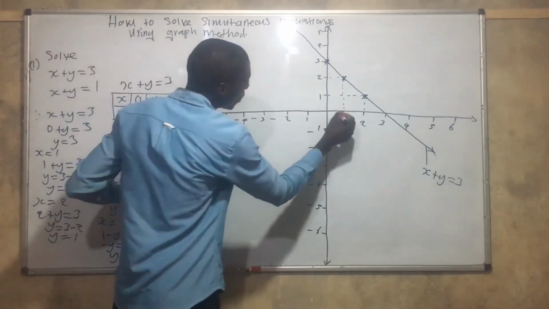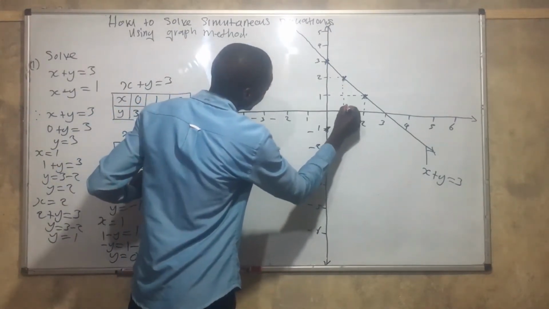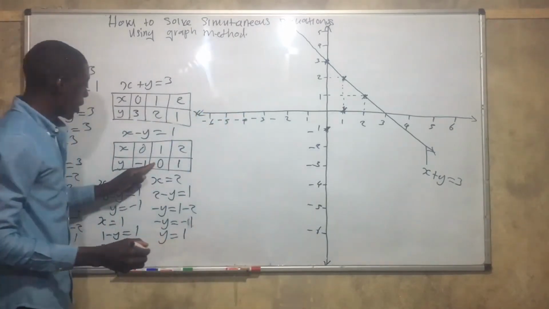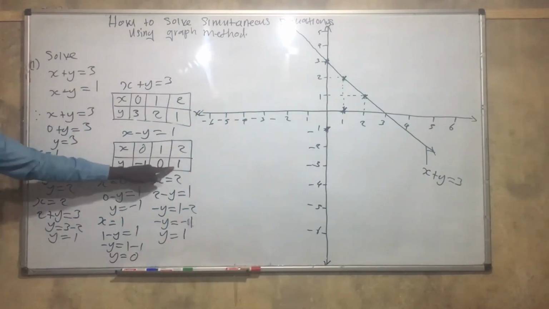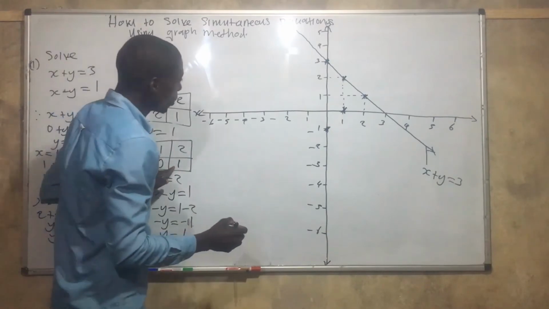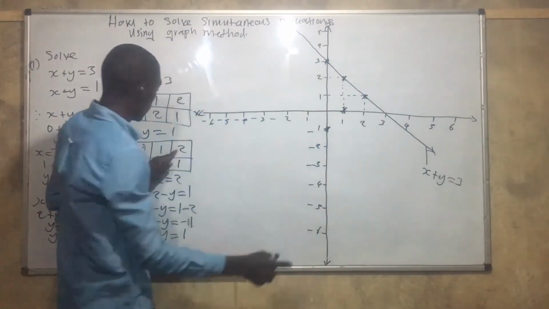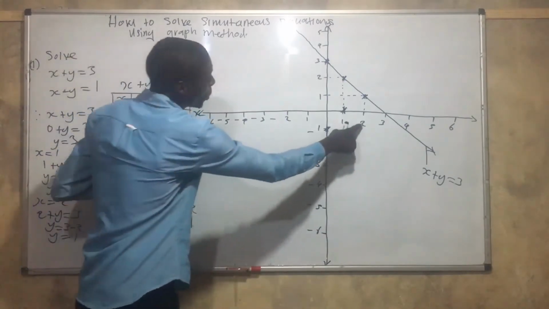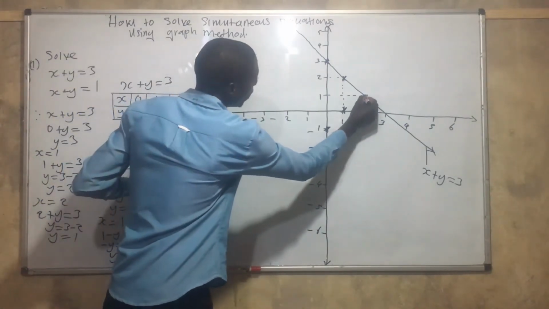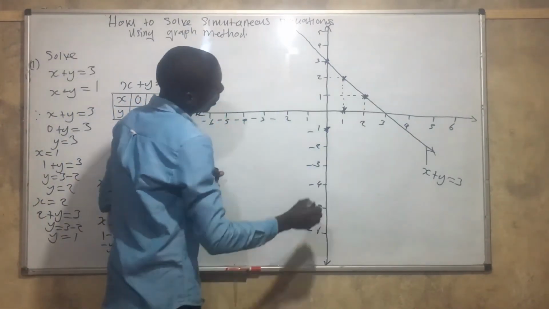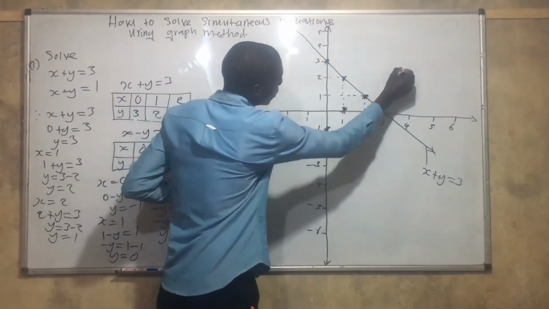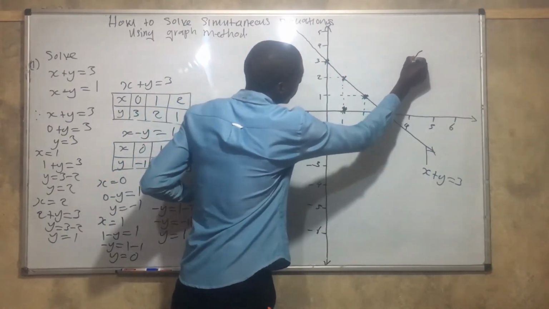So 1, 0, it is here. Then we have 2, 1. So 2 there in the x-axis, then 1, so it is here. If we try to join these points, it will be like this.